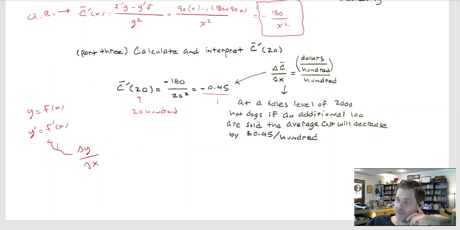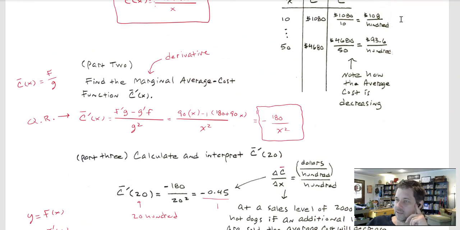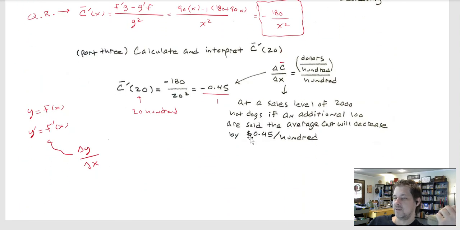Okay, so the average cost is decreasing. All right, now that's how I want you to interpret any derivative. It's just going to be the change in this variable over the change in that one, even if you have to adjust for the units.